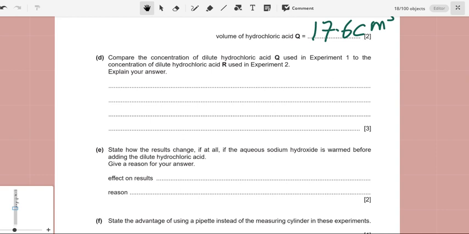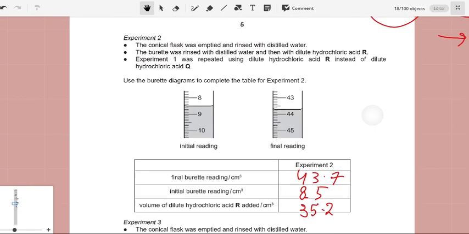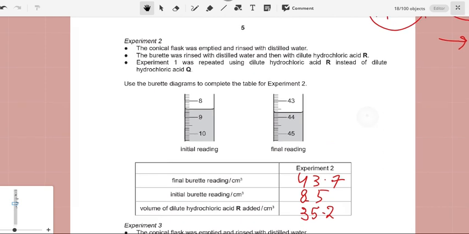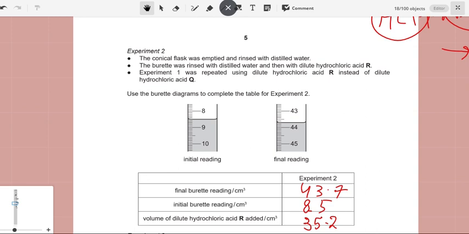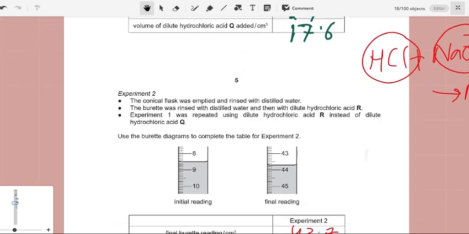And the next question is about comparing the concentration of dilute hydrochloric acid Q used in experiment 1 to the concentration of dilute hydrochloric acid R used in experiment 2. You can see that in experiment 2 the volume is 35.2, and the volume of dilute hydrochloric acid Q is 17.6.